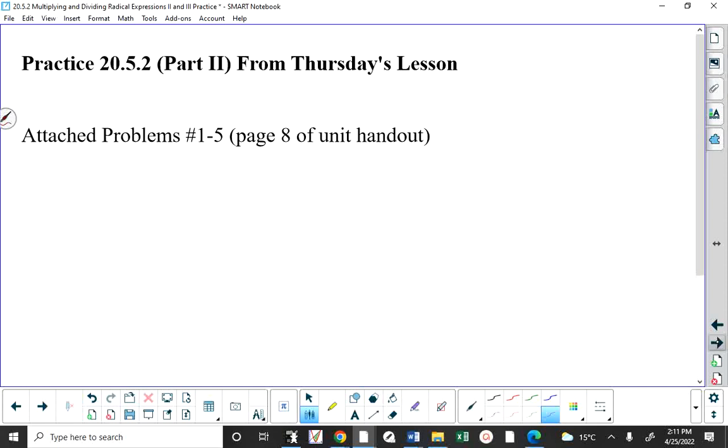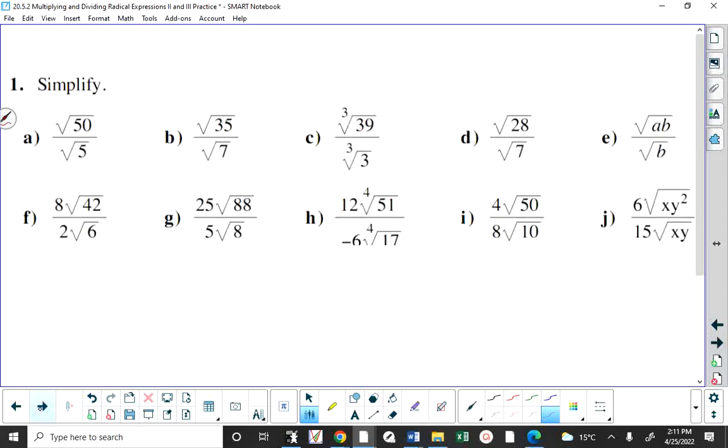What we learned on Thursday's lesson is that when you divide, you have the same set of rules. You divide coefficients by coefficients and radicals by radicals. So when you take a look at something like G here, it's almost too simple for an exam question. There's 25 over 5 is 5.